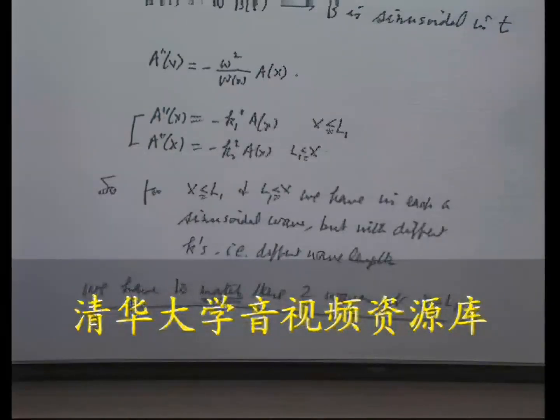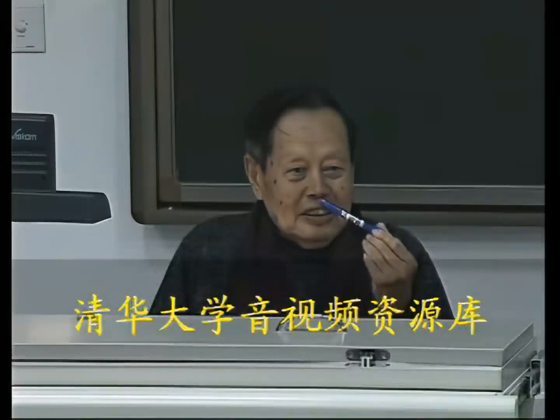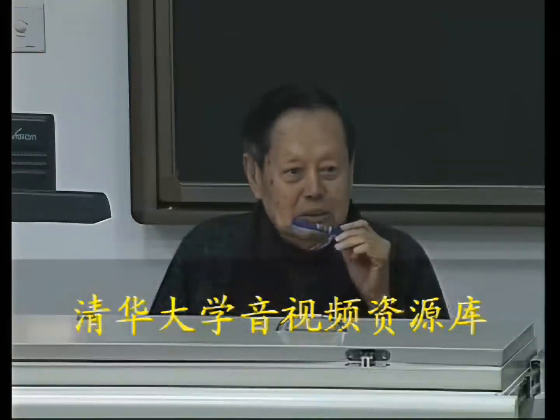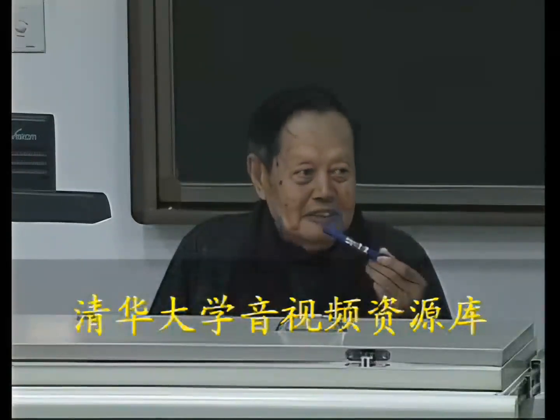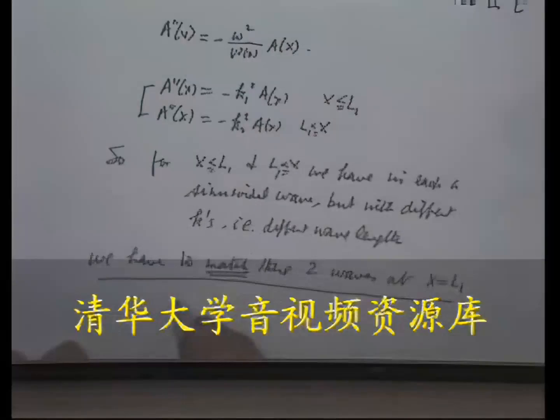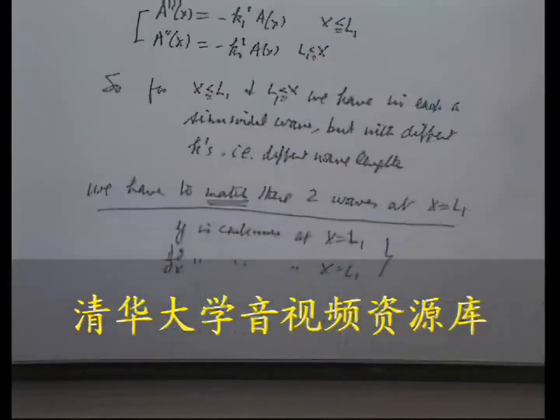That means that the y of the first region at L1 equals the y of the second region, and likewise the derivative of y. In other words, y is continuous at x equal to L1, and dy dx is continuous at x equal to L1. Digital matching.